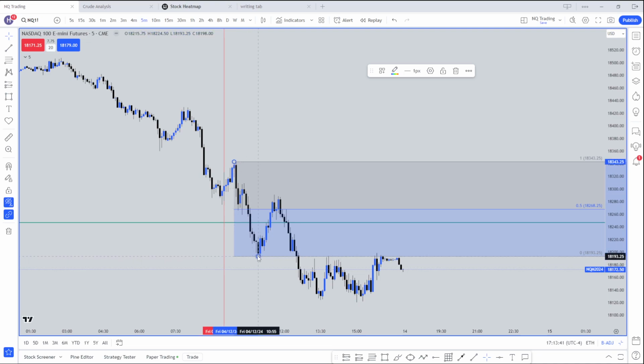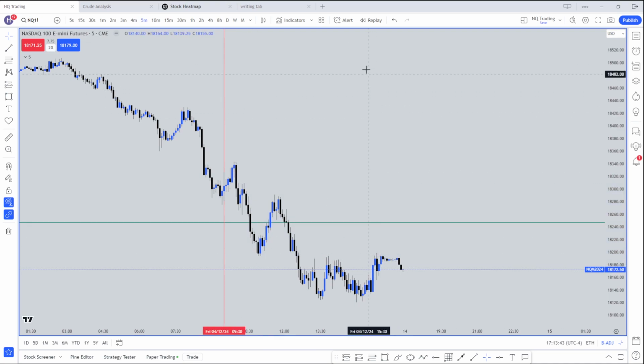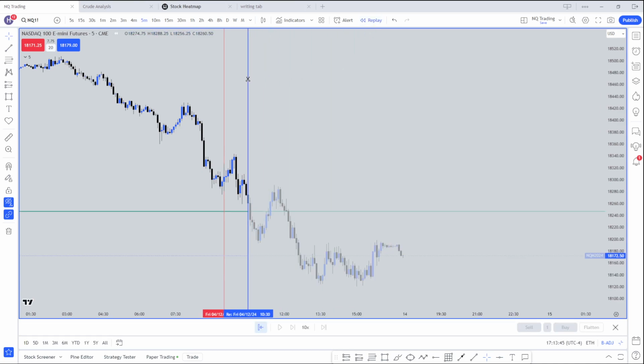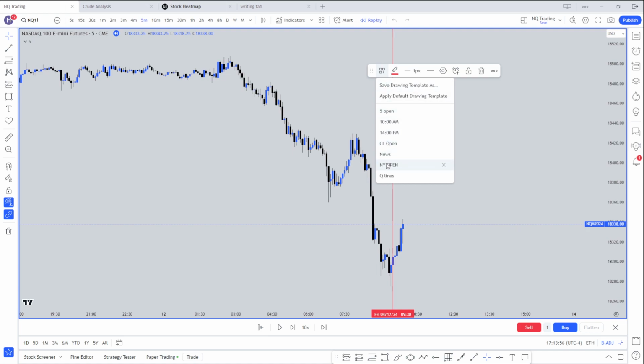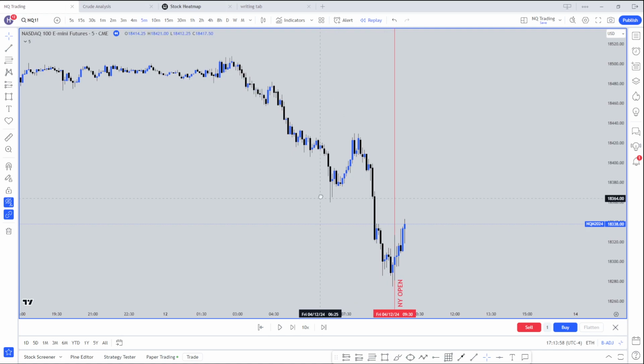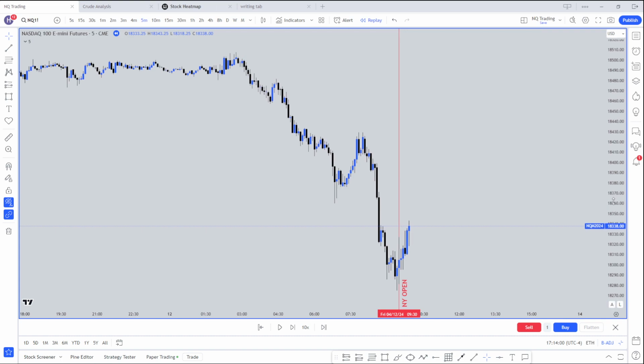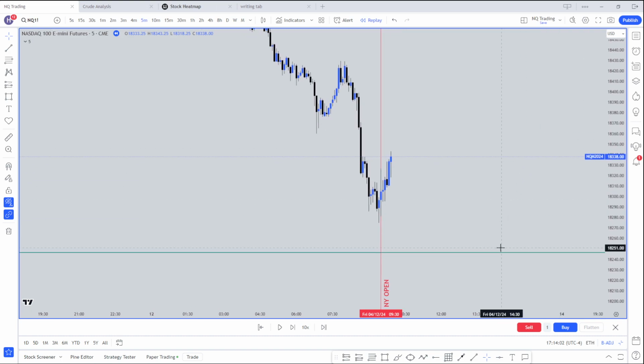Let's back this up and give you an even better example. Let's replay it to right here. Let's get rid of that line. That's our open. We'll just keep that and mark it as the New York Open. So the New York Open happens.